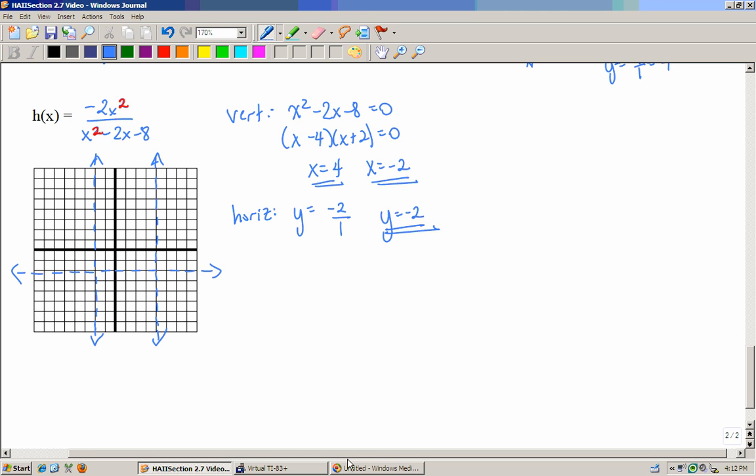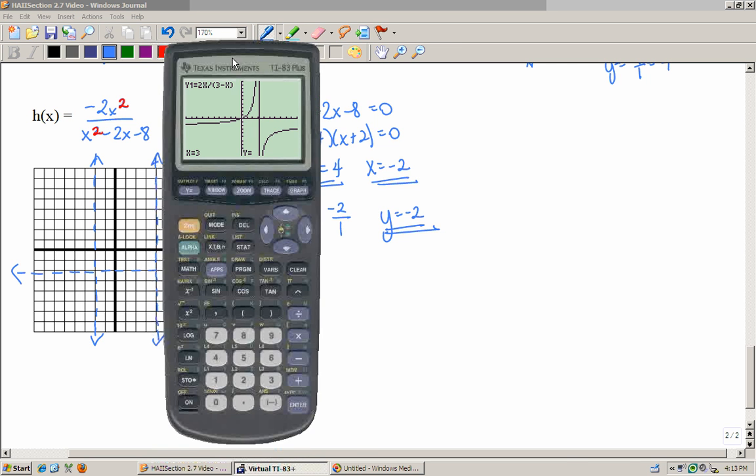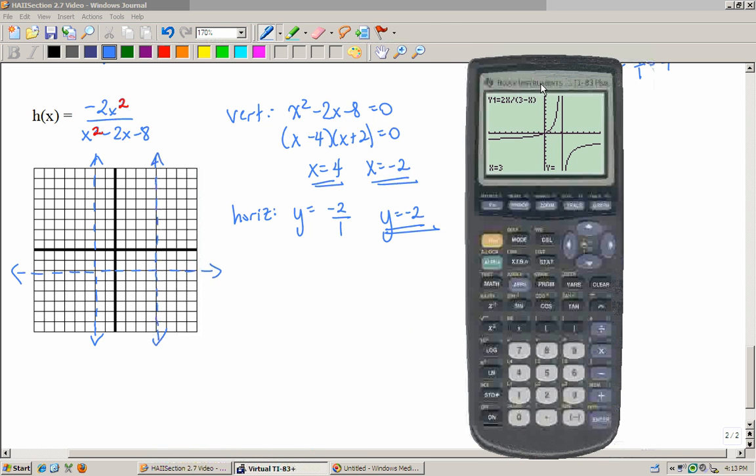Now you can plug and chug points again. You can also do this using your graphing calculator. So if you start by going into your y equals and type in your function of negative 2x squared, make sure you did the denominator, so make sure it's in parentheses, of x squared minus 2x minus 8.